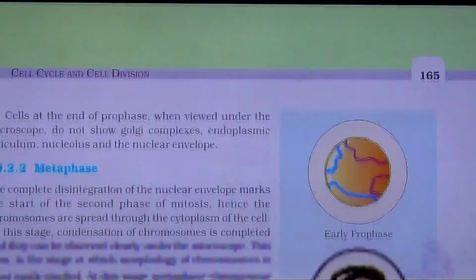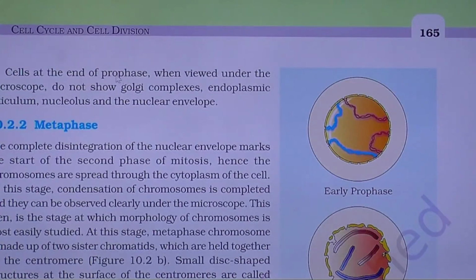Next, cells at the end of prophase. So at the end stage of prophase, when viewed under the microscope, they do not show the Golgi complex, endoplasmic reticulum, nucleolus and the nuclear envelope. Here we call it early prophase.